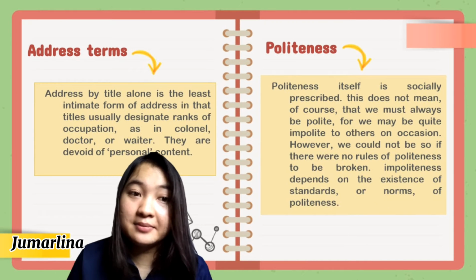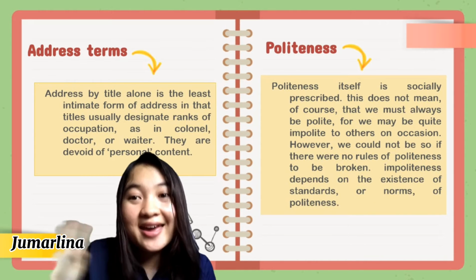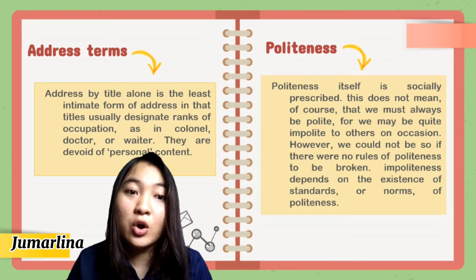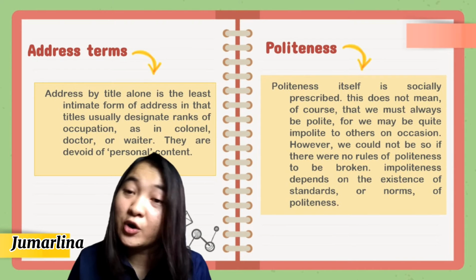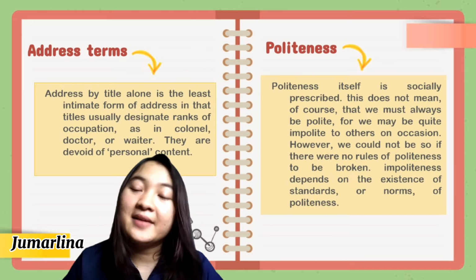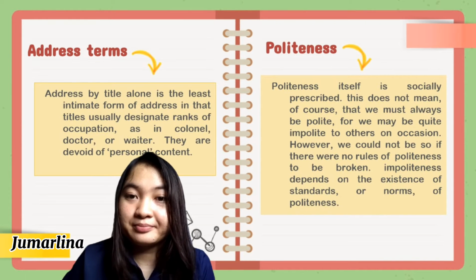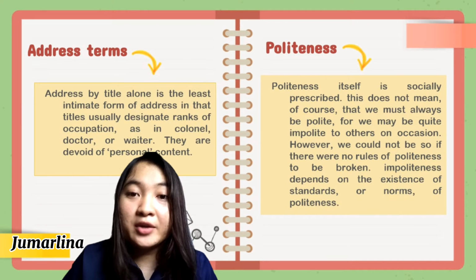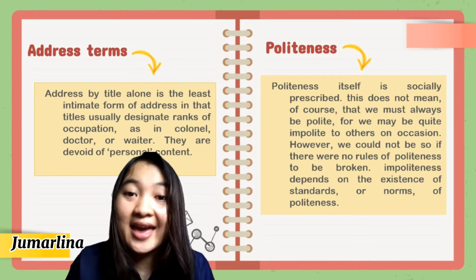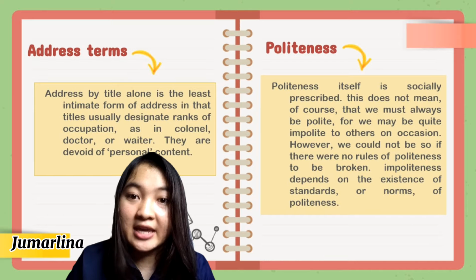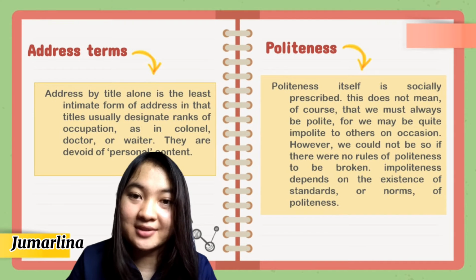Okay, the example is like, "Hey Rio," or "Good morning, Mrs. or Mr. Rina." But the first thing you have to know is, when we greet someone like "Hey" or "Good morning" at other times, make sure you say it with the name or the title of the person.